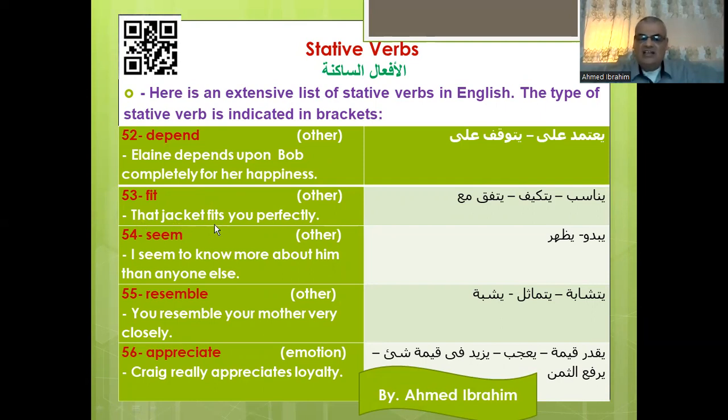That jacket fits you perfectly. Seem. I seem to know more about him than anyone else. Resemble. You resemble your mother very closely. Appreciate. Craig really appreciates loyalty.